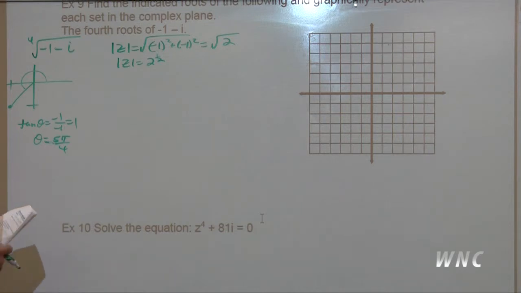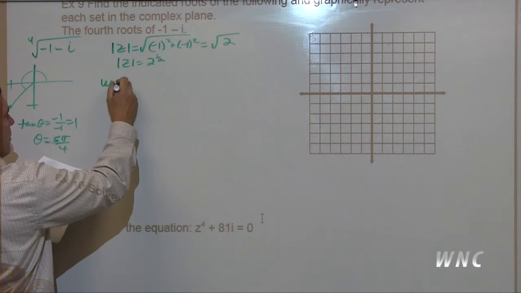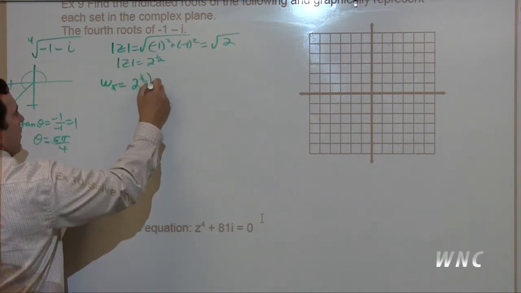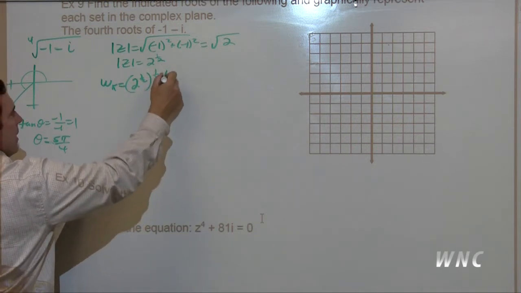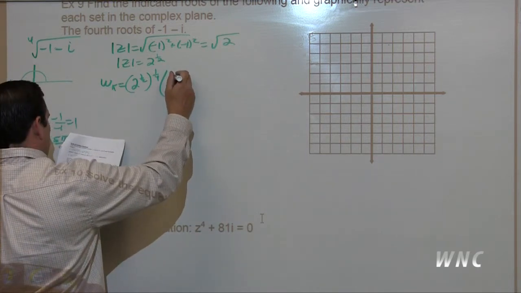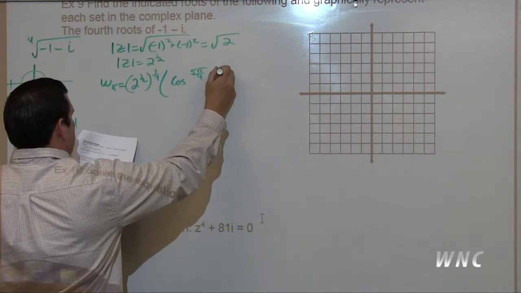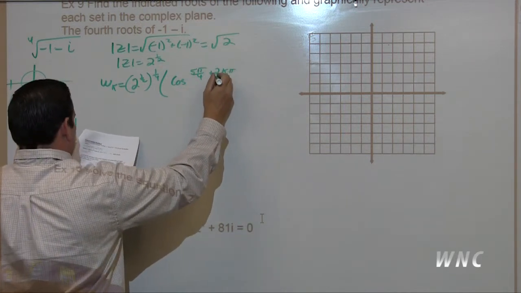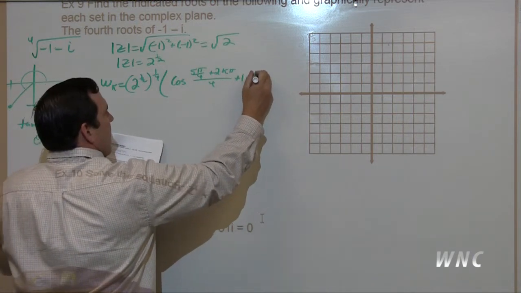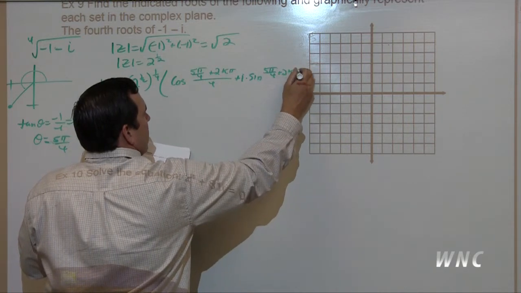So we can represent this as, so our roots, it's going to be 2 to the 1/2 to the 1/4 times cosine of (5 pi over 4 plus 2k pi over 4) plus i times sine of (5 pi over 4 plus 2k pi over 4).